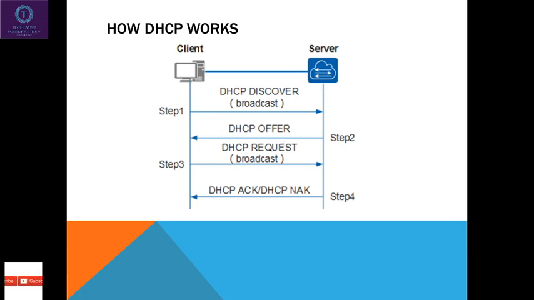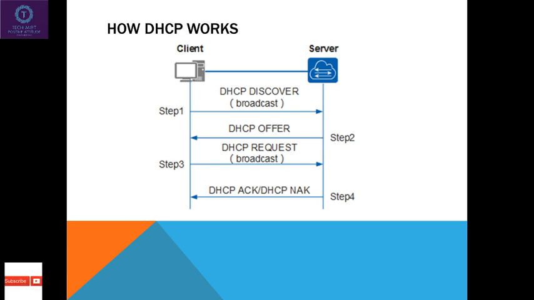Once the client receives the DHCP offer, the client again will send a request, DHCP request. It will broadcast that request to the server. The server will accept the request and the IP will be assigned, and sent to the DHCP client in the form of an acknowledgement.